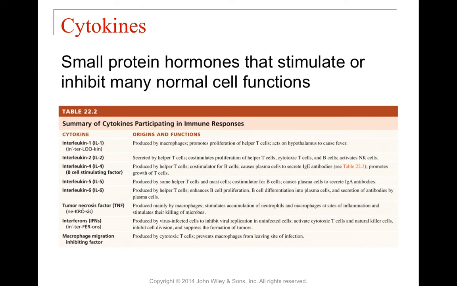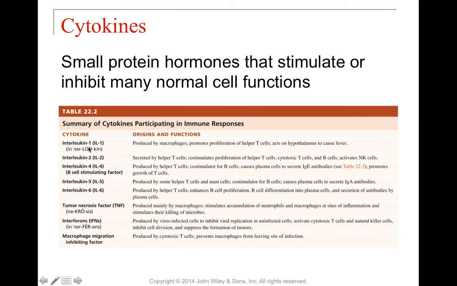And this occurs by way of multiple different types of protein hormones. Okay, so we have a lot of different protein hormones that are involved in the immune response in many different ways. These are called cytokines. One of the cytokines is going to be interleukin 1 or IL-1. We also have IL-2 and IL-4, IL-5, IL-6.